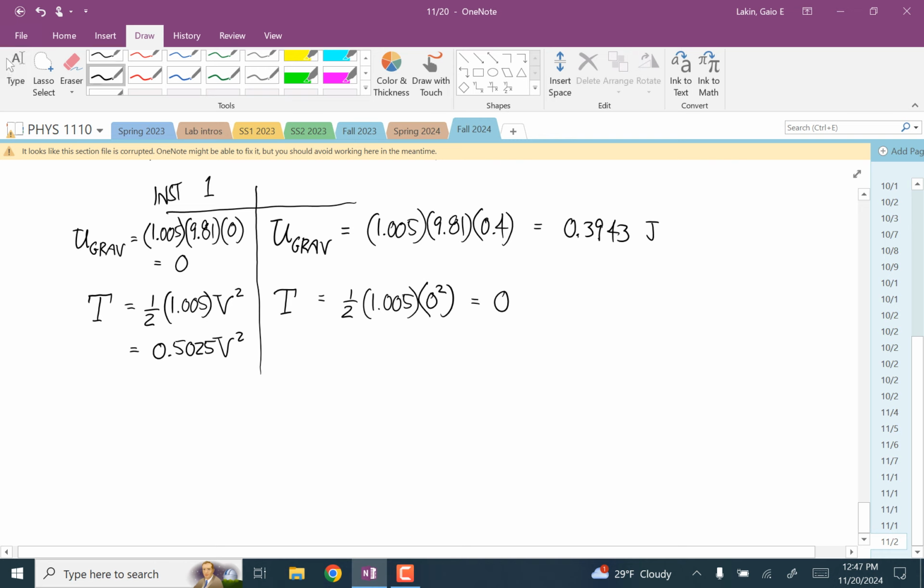And so now conservation of mechanical energy says 0.5025 v squared is equal to 0.3943. Yes? How'd you get 0.3943? I'm getting 3.943 for this one. Let's see. Oh, you're right. Yes. Thank you.